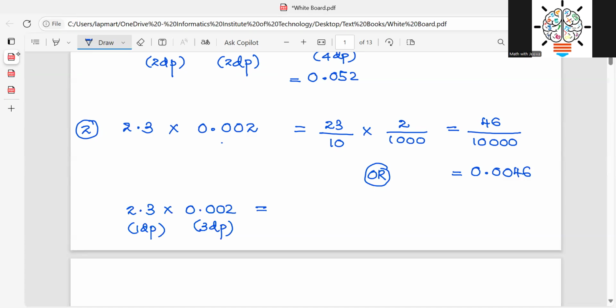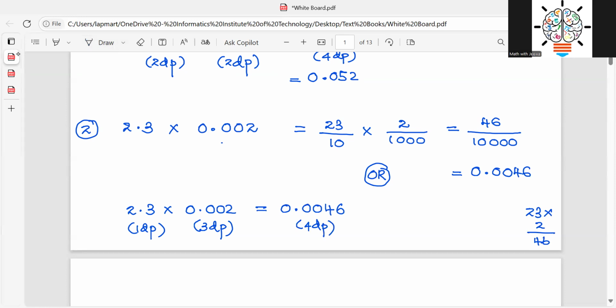Forget about the decimal, take 23 and multiply this by 2. It gives me 46. I write 46 with 4 decimal places. Here I have 4 decimal places. Then the answer is complete. Hope it is clear for all of you.